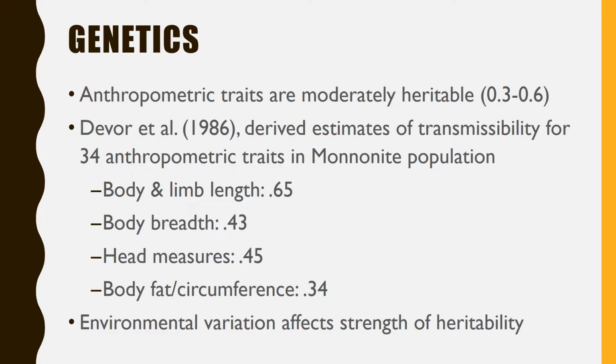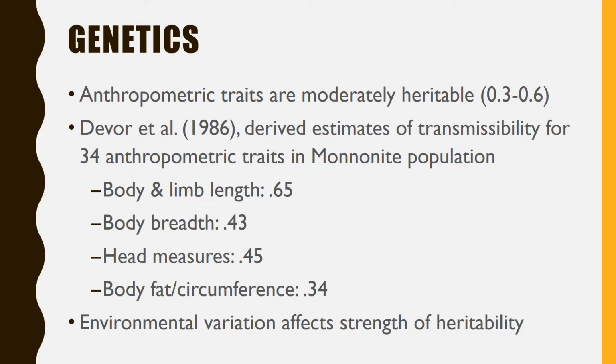Anthropometric traits differ between individuals, and this distribution reflects inheritance of different genes. There have been a number of studies conducted on the role that genetics play in producing this variation. These are primarily done through estimates of heritability and are oftentimes specific to one population.